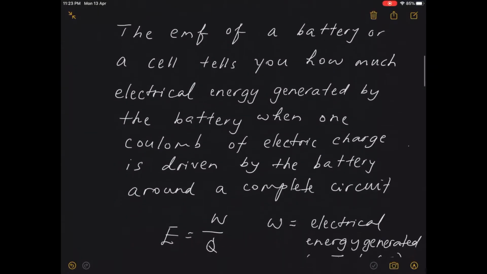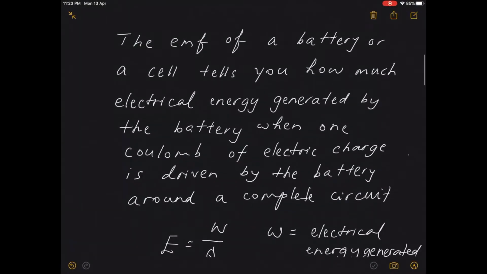The EMF of a battery or a cell: a battery and a cell are not the same. A battery is an assortment of cells. It can be 5 or 6 cells joined up to form a battery. So EMF tells you how much electrical energy is produced or generated by the battery when 1 coulomb of electric charge is driven by the battery around a complete circuit.